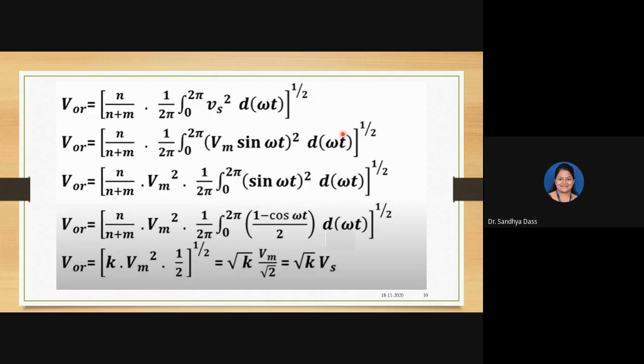Again, under the square root. The whole term is under the square root because we are calculating V naught RMS. All right. Vm is constant, so Vm square we will take outside the integration. So 1 by 2 pi, 0 to 2 pi, sine omega t square, d omega t. Please note down all these things, because I can see the derivations from your answer booklet.